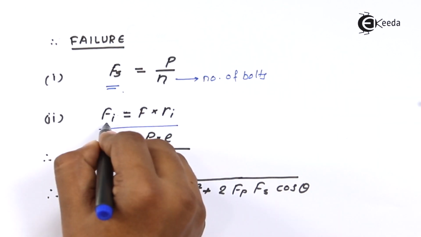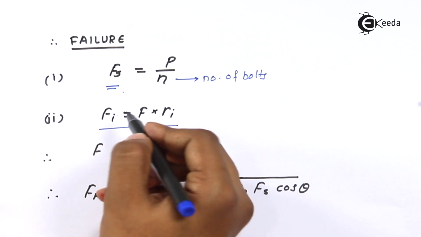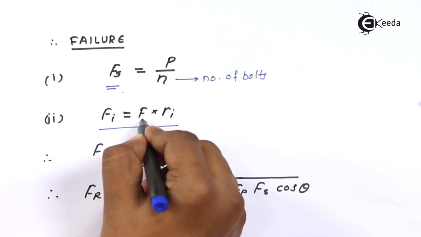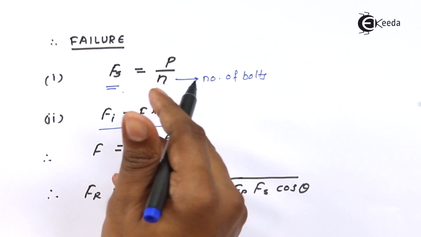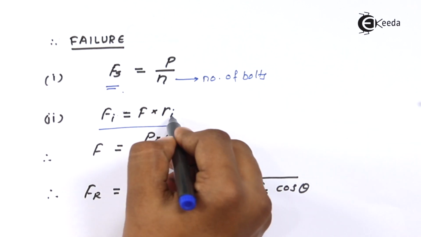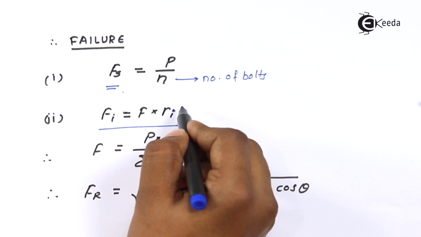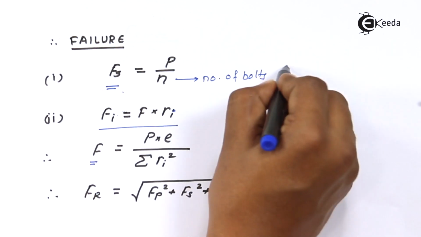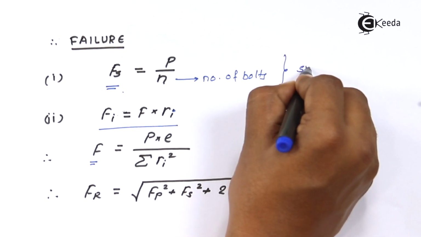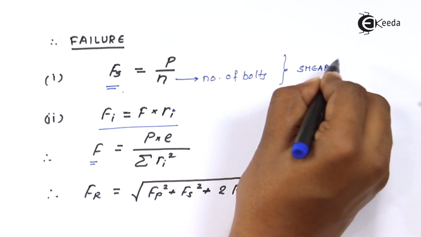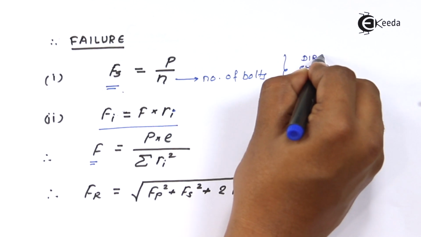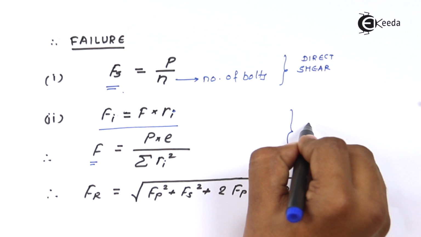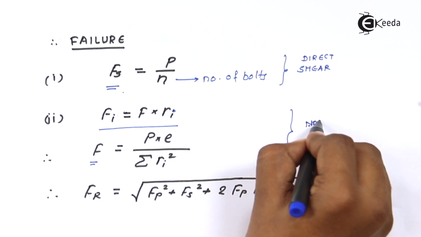There comes another aspect again, but in this case the actual force acting in one bolt will be given by the total normal force, of course, into the radial distances. So this is basically direct shear, and this is basically tensile or normal stress.